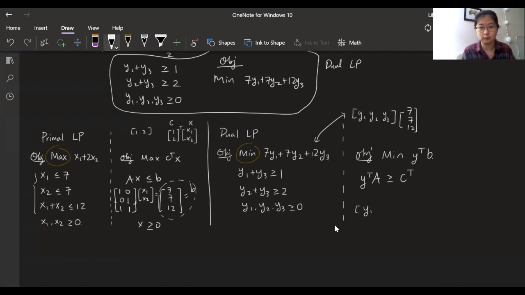So it's your Y1, Y2, Y3. And then your A is the same A that you had here. This is 1, 0, 1, 0, 1, 1. And we say this is bigger or equal to C transpose. C transpose is this guy right here, 1, 2.